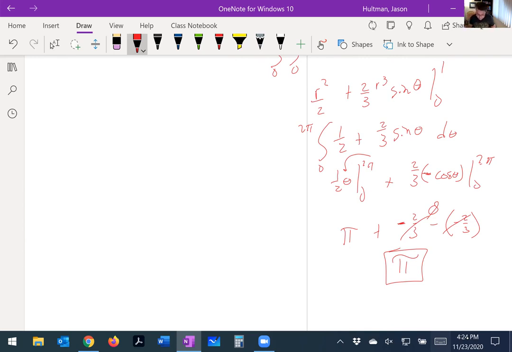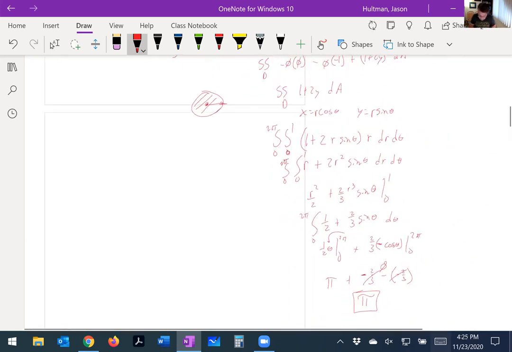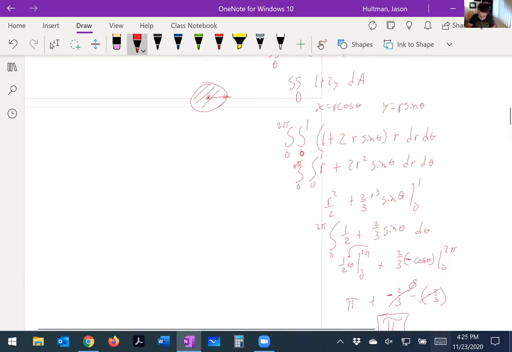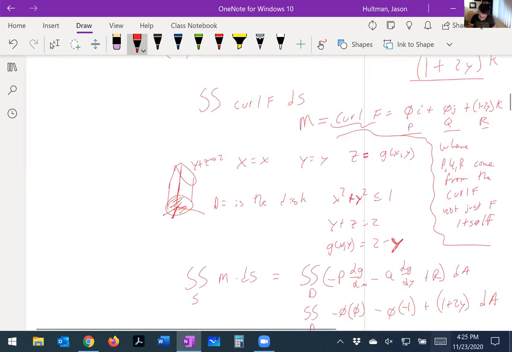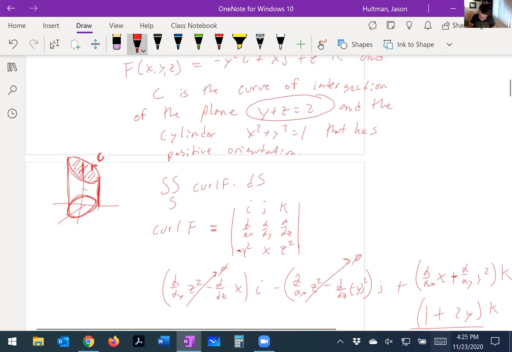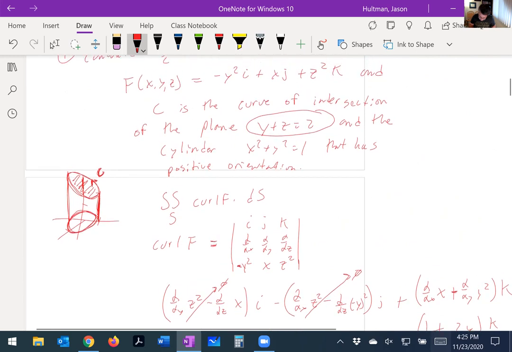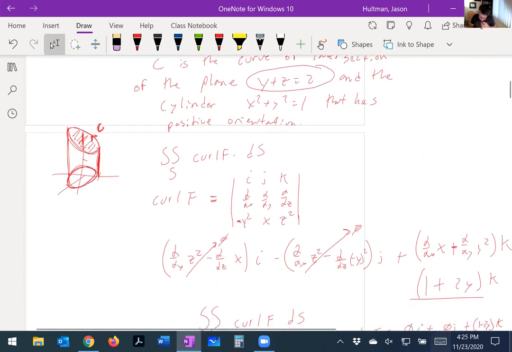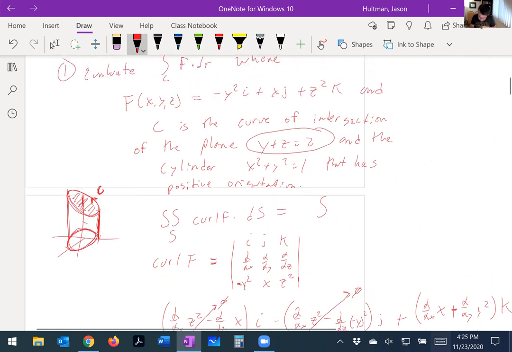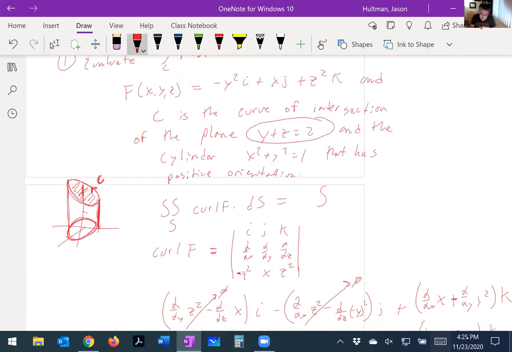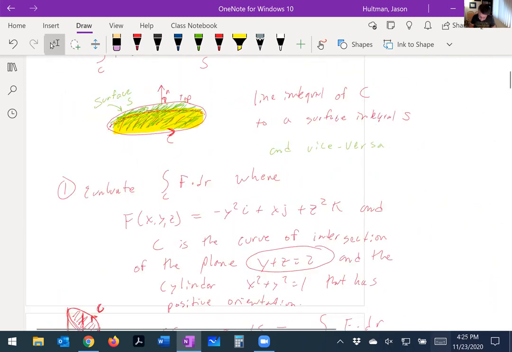Okay. Going back to Stokes' theorem, we would say that this thing is equal to the integral of C of F dot dr. That's correct.